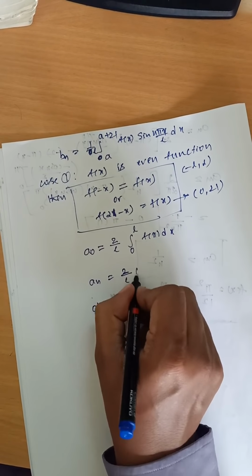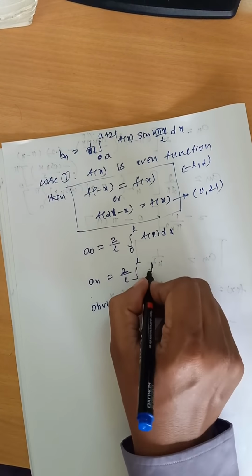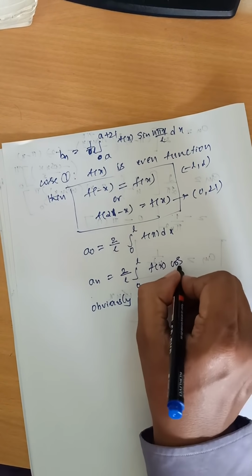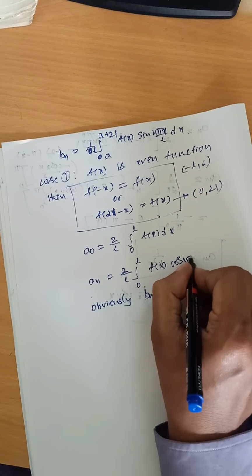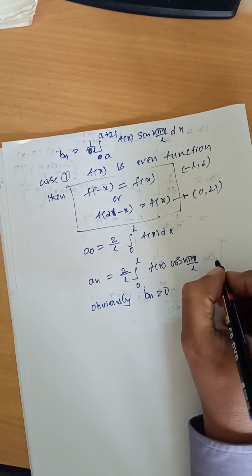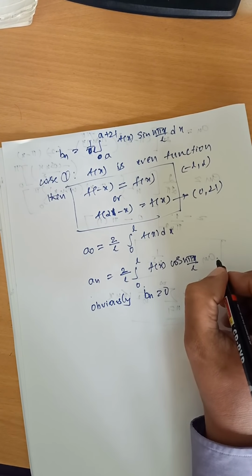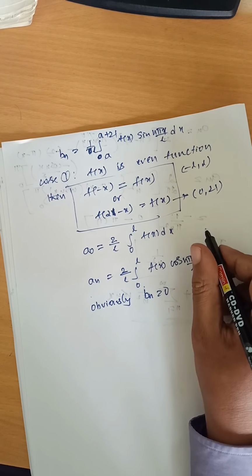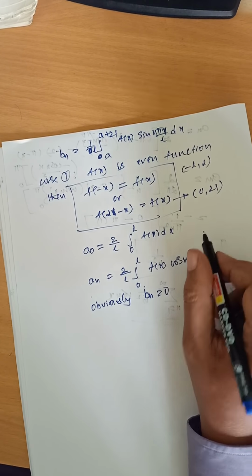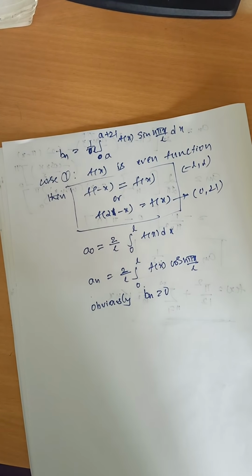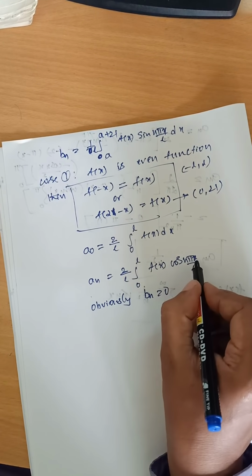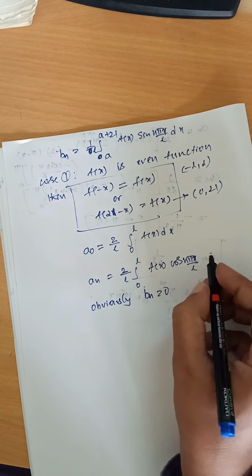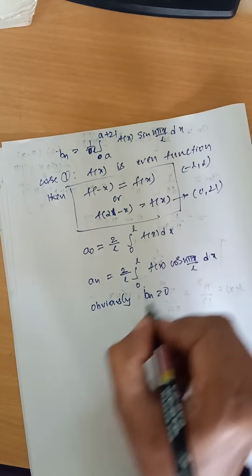The an formula is 2 by L integral 0 to L f of x into cos n pi x by L dx. For minus pi, comma plus pi or 0, comma 2 pi, it is only cos nx, sin nx. For the arbitrary interval minus L, comma plus L or 0, comma 2L, the cos term is cos n pi x by L.